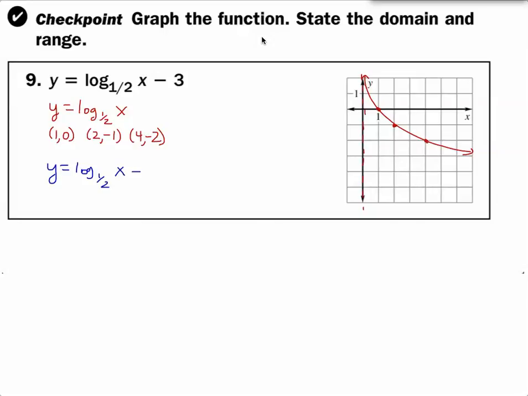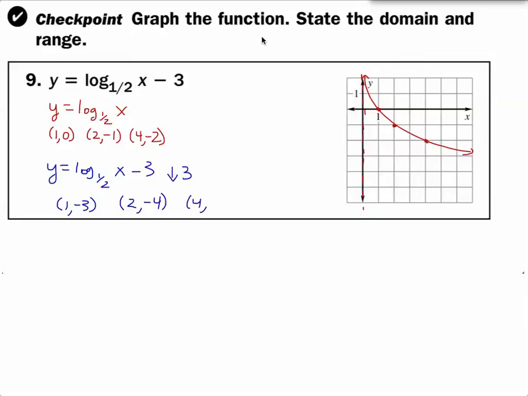y equals log base 1/2 of x minus 3. Now, nothing happens inside the logarithm this time, so the only change is the graph shifts down 3. So, the points. We had 1, 0. We have 1, negative 3. We had 2, negative 1. We have 2, negative 4. And we had 4, negative 2.